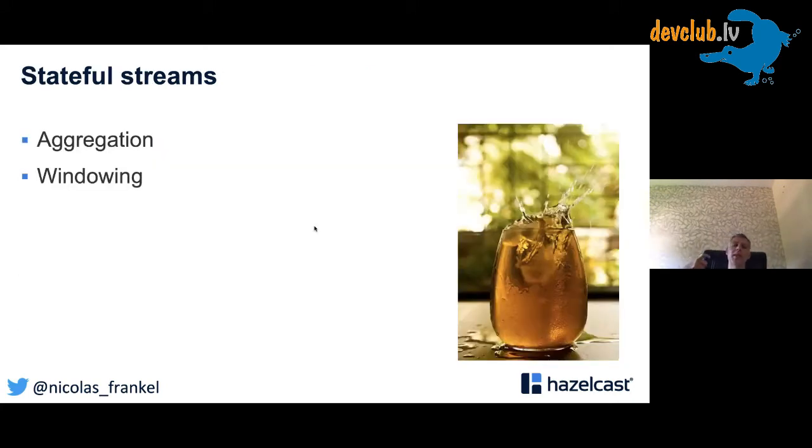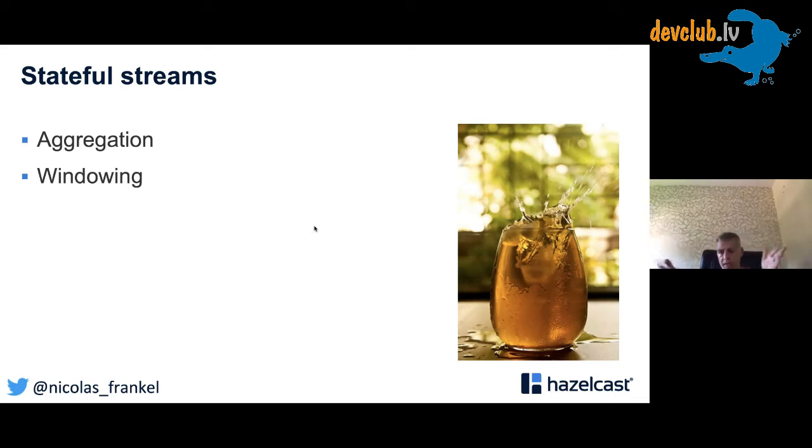Something also that we might be interested in is something called stateful streams. If you have an event and you are only interested in transforming the event to do something else, you can manage each event individually. But if you want to have this kind of analytics, then you want to keep track of previous events or properties of previous events, and then start comparing the events to the previous event or to the last 10 events, or even better, to all events that happened in the 5 latest minutes, for example, and this is called windowing.